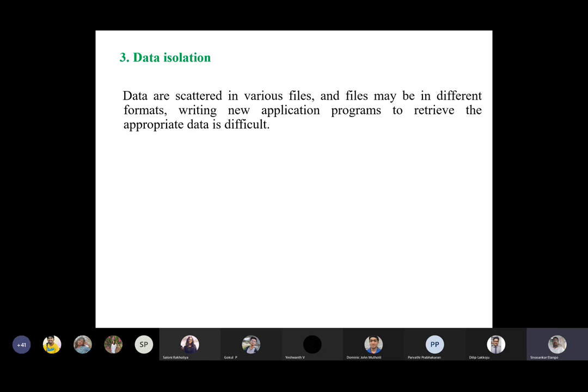So data is scattered across various files, and the files may be in different formats. Writing a new application program to retrieve the appropriate data is going to be difficult. So these are the disadvantages of the file processing system.